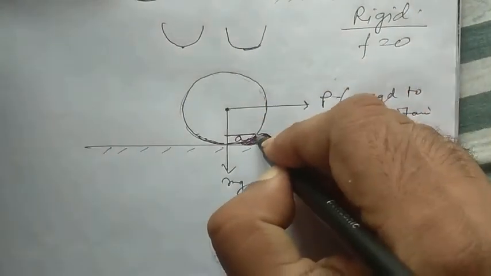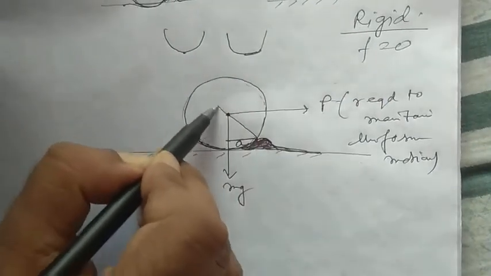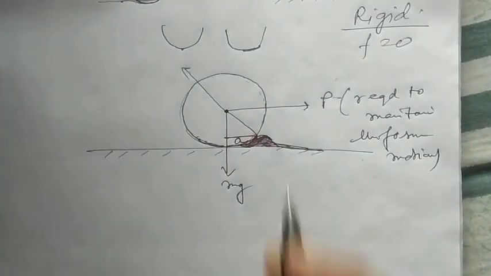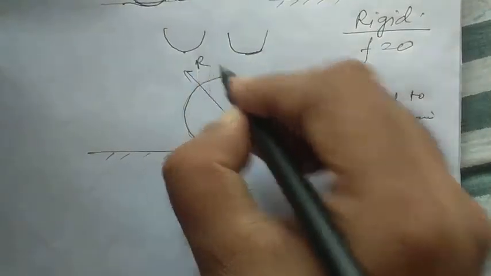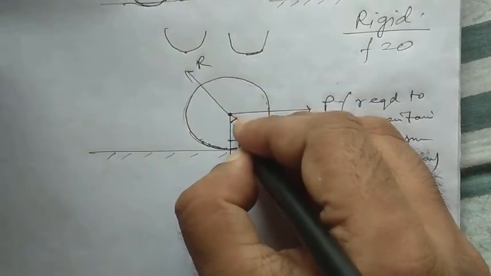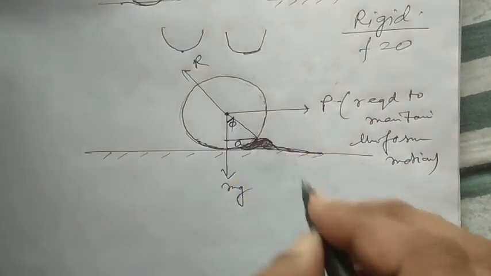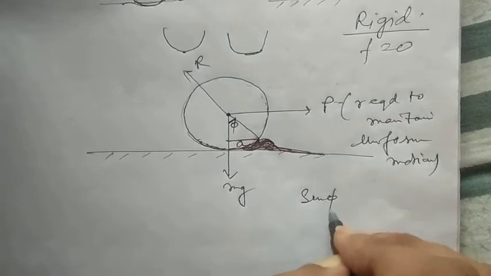Now the reaction force from this indentation will be acting in this direction. Suppose we name it as R. Now the angle here we can call it as phi. So if we try and write the relations, what is the value of sine phi?